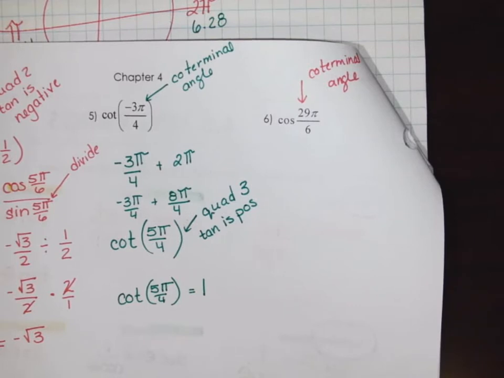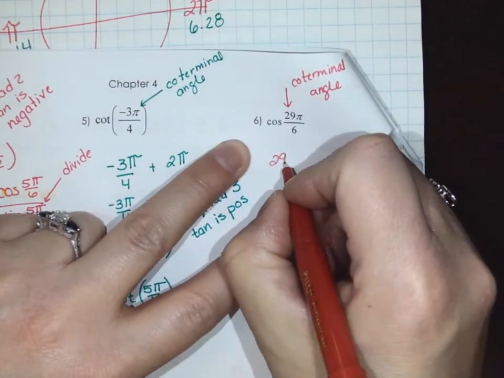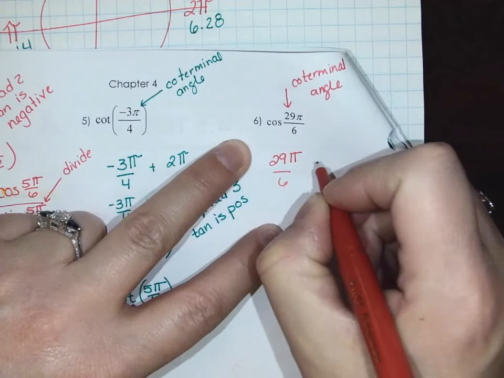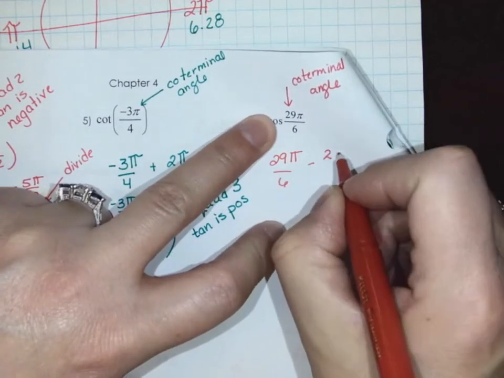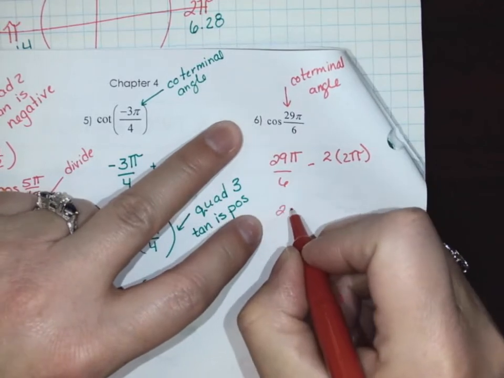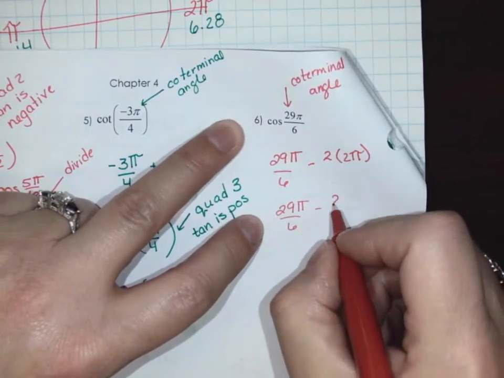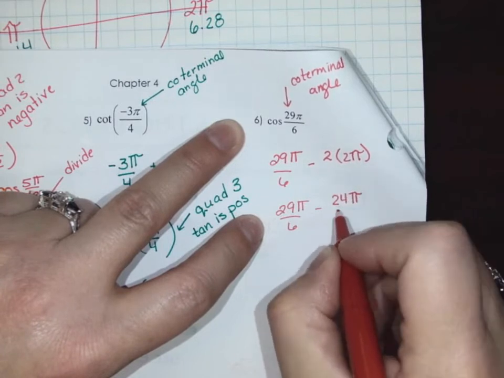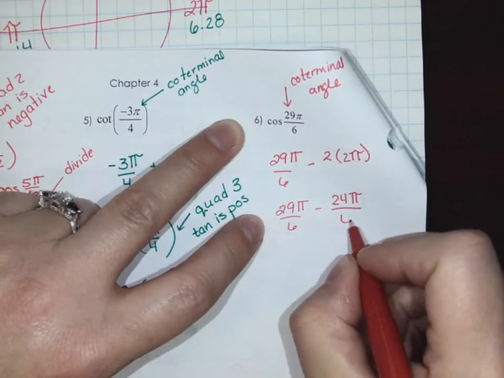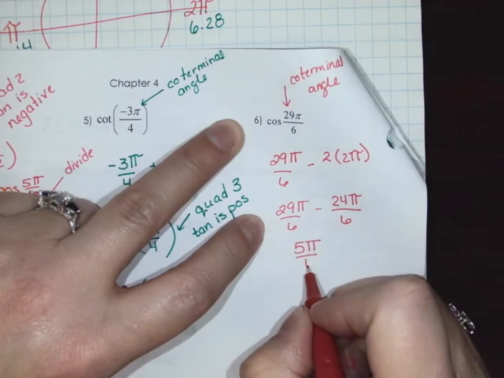So I'm going to take 29 pi over 6 and subtract 2 full rotations, 24 pi over 6. So I should be left with 5 pi over 6.